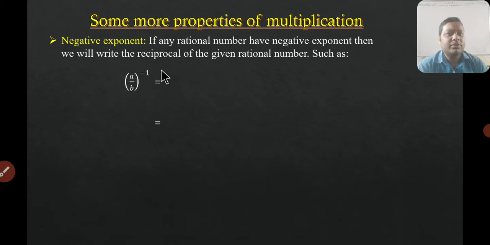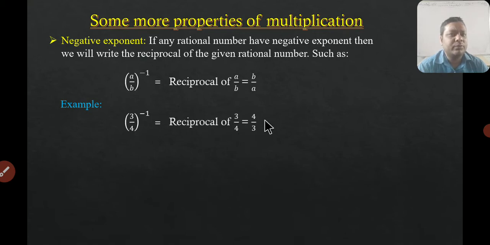If we remove this exponent, we will write the reciprocal of a by b, which is equal to b by a. Only we change the position. Numerator will be denominator and denominator will be numerator. That is our answer. For an example, 3 by 4 to the power minus 1 is the reciprocal of 3 by 4, which is 4 by 3. So that is called negative exponent.